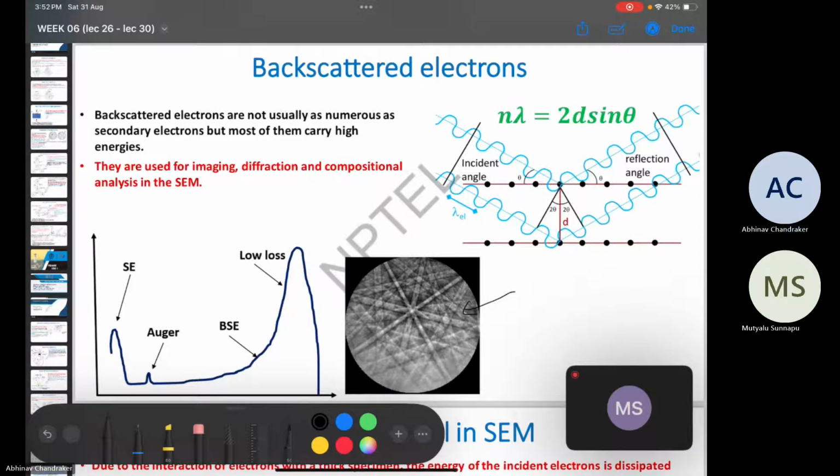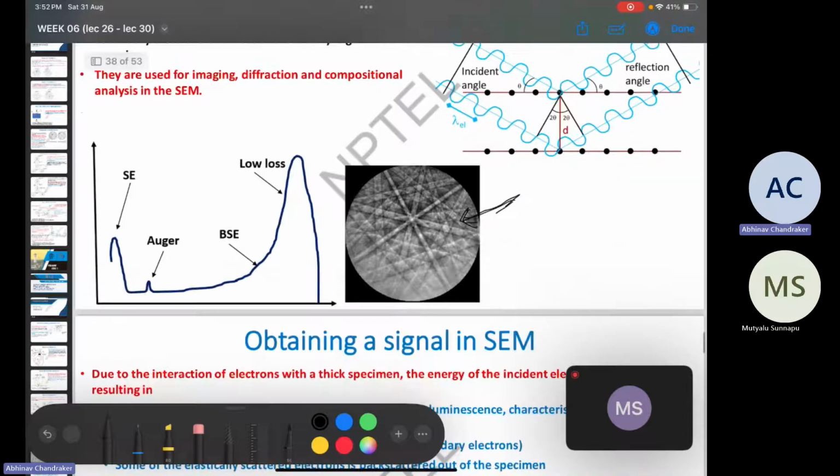So they can give information related to the orientation of the grains at the surface of the specimen based on the diffraction angles, which can be calculated by analyzing the Kikuchi maps generated. And this is exploited in the electron backscatter diffraction technique, EBSD, which can give information related to the orientation of the grains at the surface.